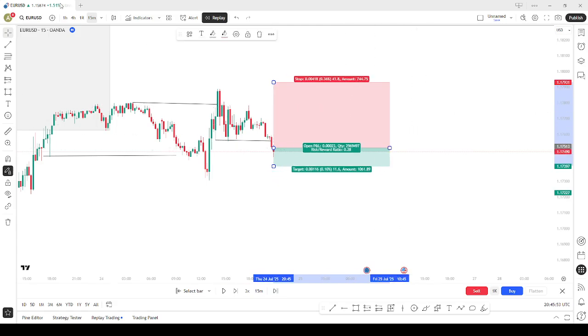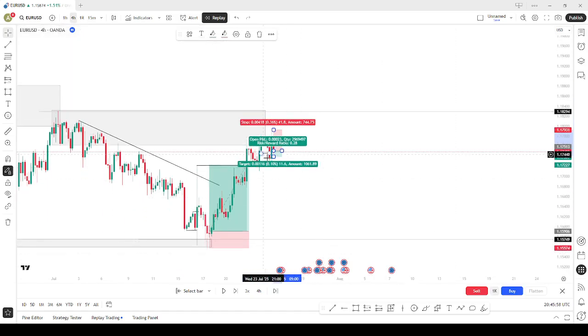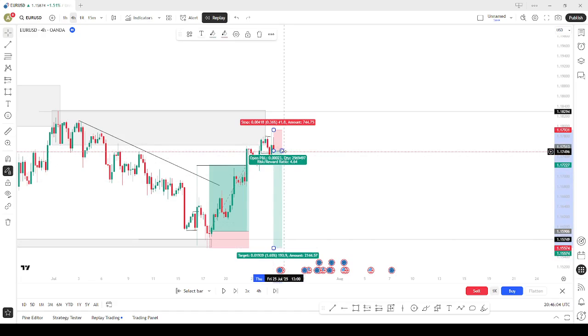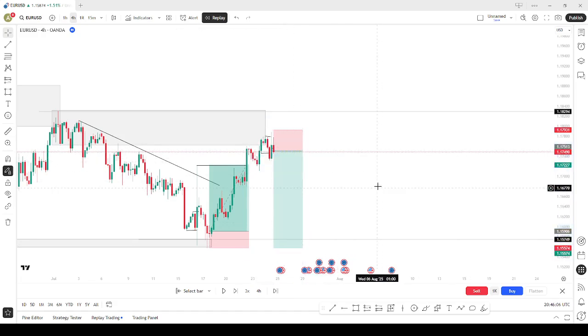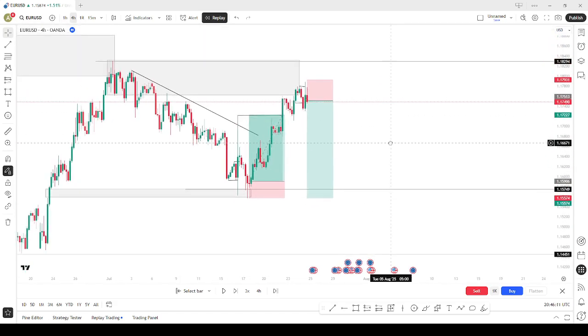I'm going to go on the H4 because this is what I was basing on. So when I go on the H4, this will be my first target. I'll be targeting that low, which you can see is clearly a 1 to 4 risk to reward ratio.